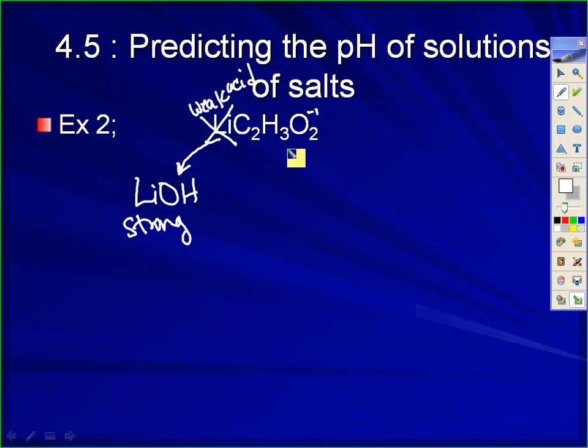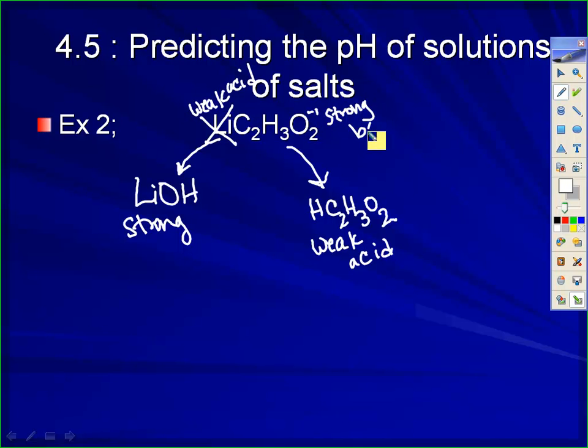C2H3O2 minus 1, its parent acid is acetic acid, HC2H3O2, which is a weak acid, which means that C2H3O2 is going to be a strong base. That means that it is going to react with water, so we'll show that down here.